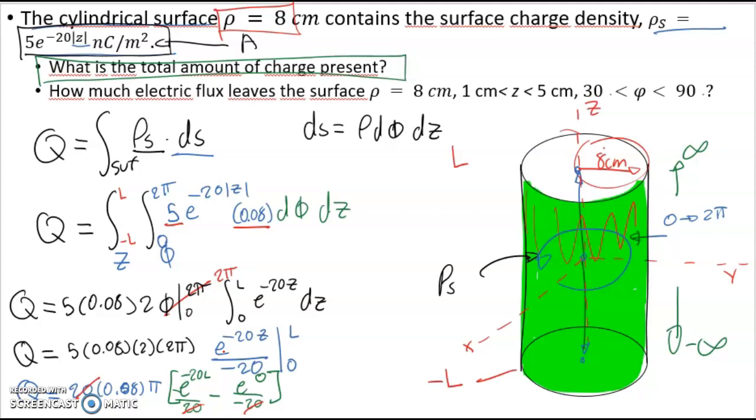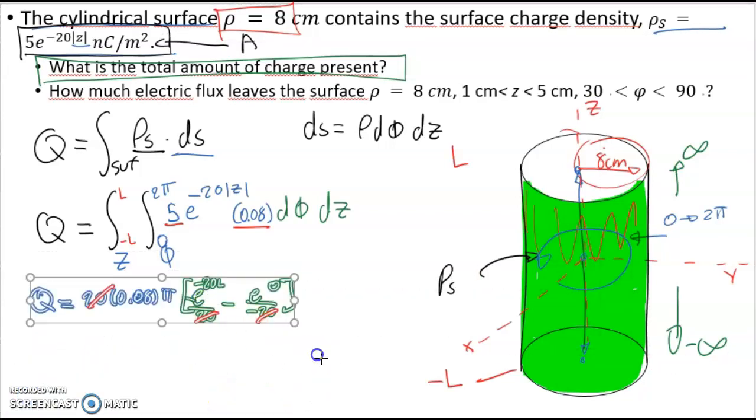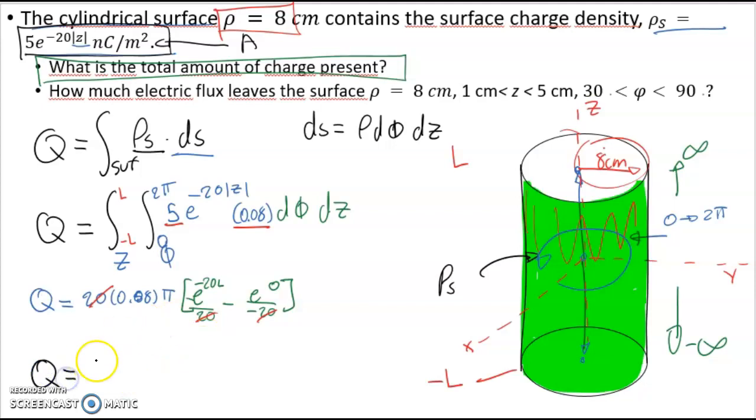To reduce the system, we can write it down as Q equals 0.08 pi times, since this minus and this minus become positive, and e to the 0 is 1, 1 minus e to the minus 20L. That would be the total charge.